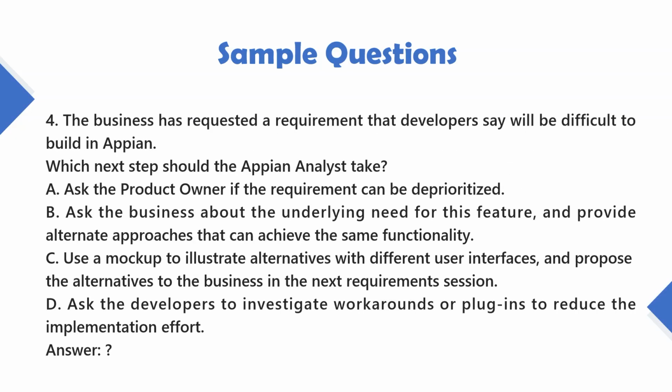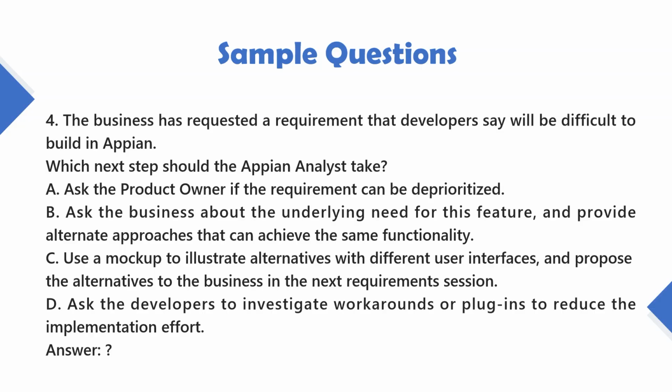4. The business has requested a requirement that developers say will be difficult to build in Appian. Which next step should the Appian analyst take? A. Ask the product owner if the requirement can be deprioritized.